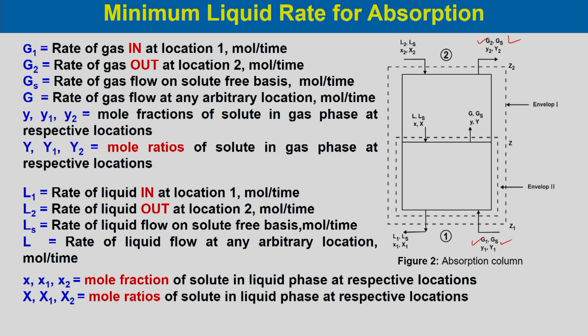Small x, x1 and x2 are the mole fractions of the solute in the liquid phase at respective locations. Capital X, capital X1 and capital X2 are the mole ratios of the solute in the liquid phase at respective locations. So, this is the nomenclature of the typical absorption column.